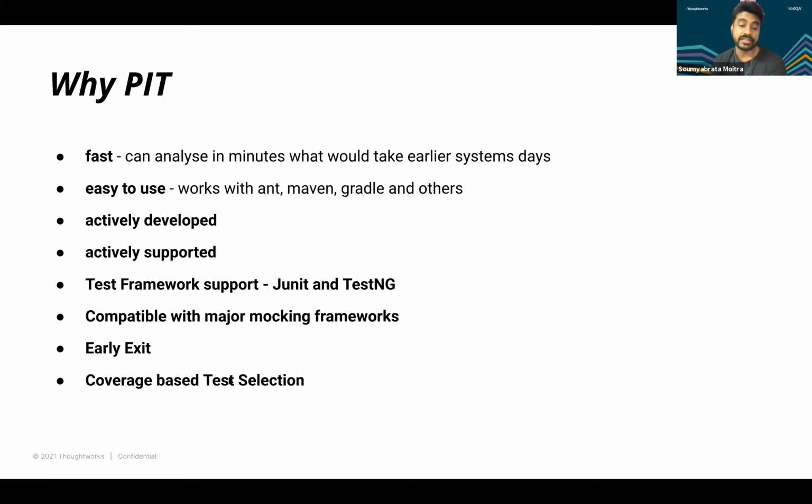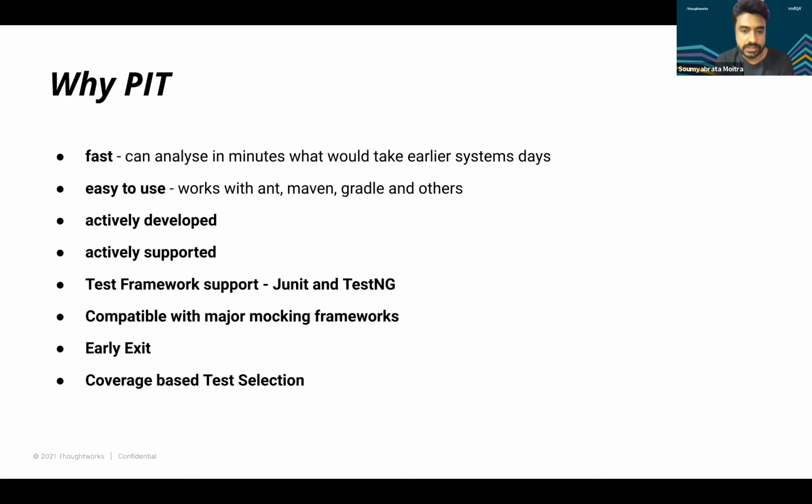Also, there is coverage-based test selection. So when tests are selected to run against a particular mutant, only those unit tests are selected which are covering or executing that particular line of mutated code. So let's say there's one line where your operator is getting changed, or maybe some other modification, maybe you are removing one line of code.